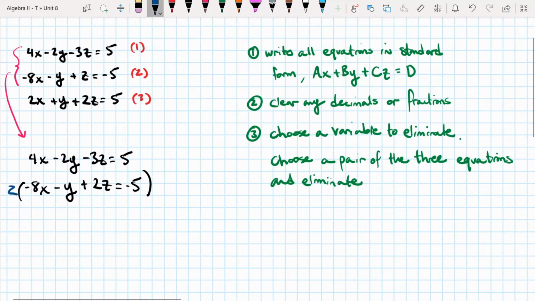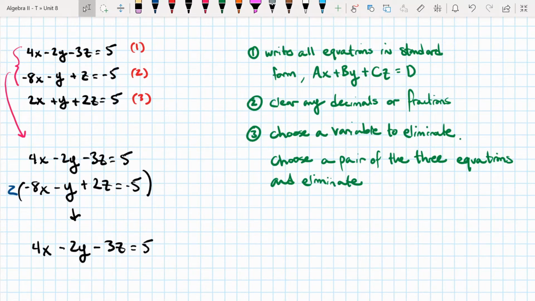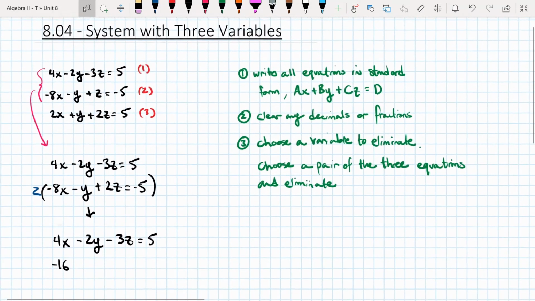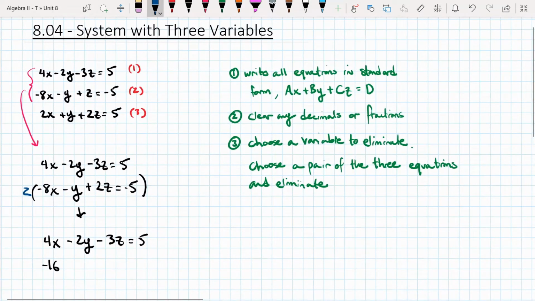Now let's rewrite it again. We have 4x minus 2y minus 3z equals 5. And we're going to distribute the multiplier to each of these terms. Sorry, not 2, I'm going to multiply by negative 2.